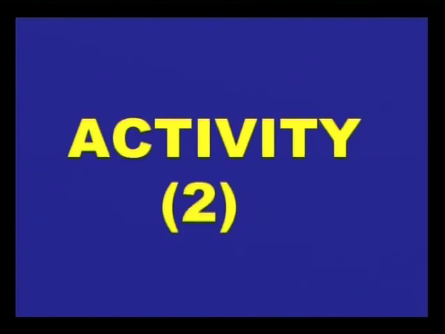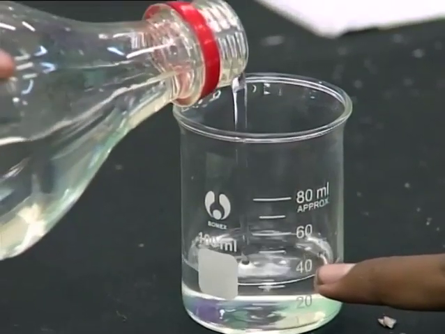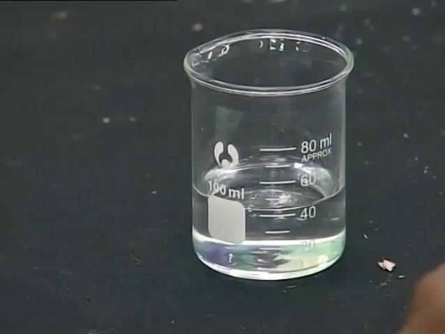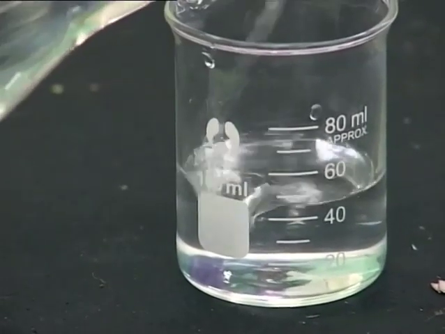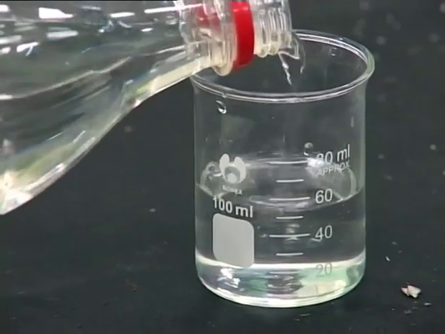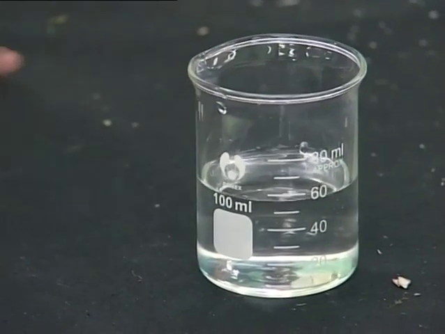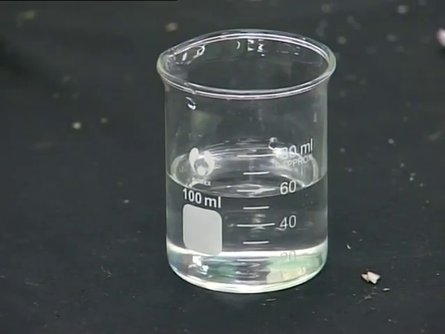Now, your second activity, in your groups you have beakers there. I would like you to fill up those beakers halfway with water. After you fill the glass halfway with water, probably around 60 milliliters, then you take a piece of tang.